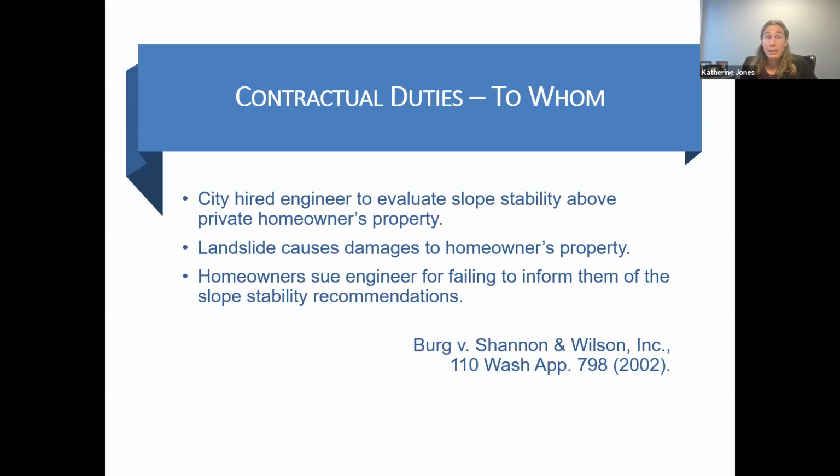In that case, the court essentially said that Shannon and Wilson had no duty whatsoever to the homeowners because they weren't in contractual privity with them, which is a fancy way of saying that they simply did not have a contract with them. And nor were they, what we talked about on the last slide, a third-party beneficiary of the contract between the city of Seattle and Shannon and Wilson.